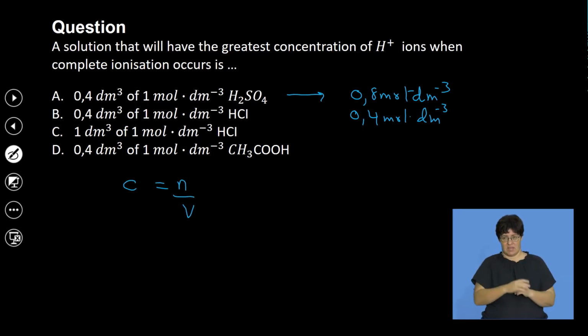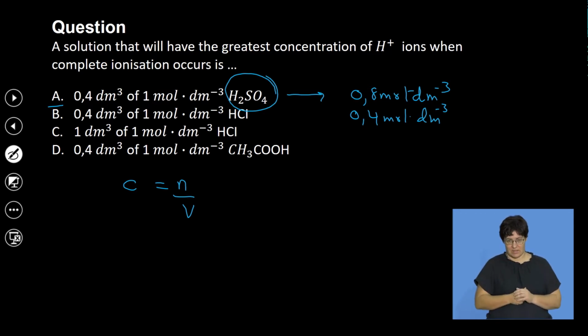So we'll try and get which one has a greater concentration. But if you realize that this gives us double the number of moles, obviously that's what we pay attention to. So we eliminate options in the process, and at the end of the day we make a comparison in terms of the quantities.